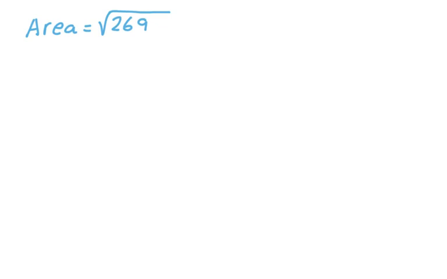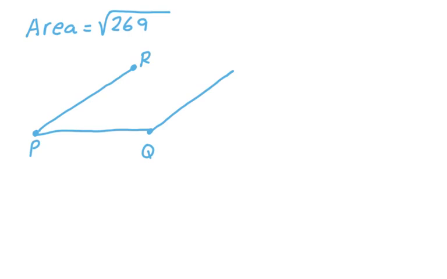Now, I want to show you something a little interesting here, geometrically speaking. So here's P, right? Here's Q. We'll call this guy R. So if I draw a picture here, and I can call this guy S. And that's still a parallelogram.